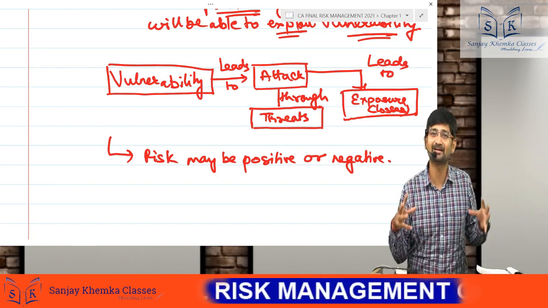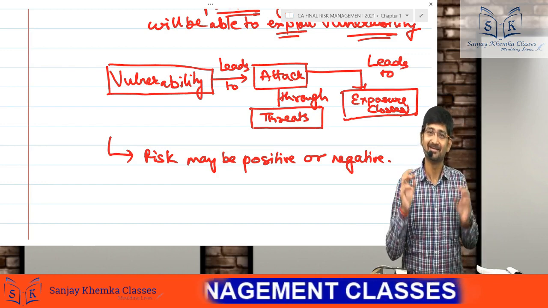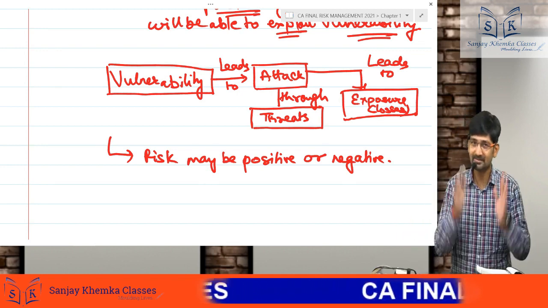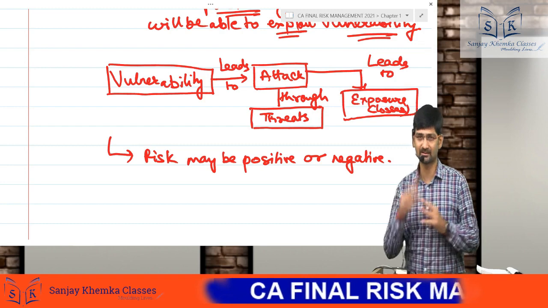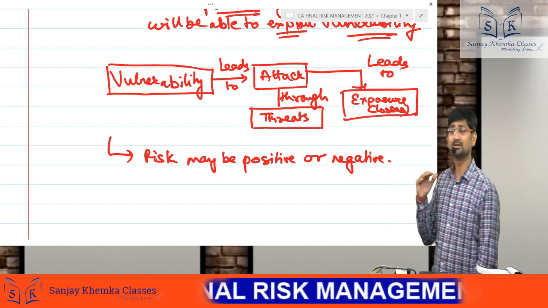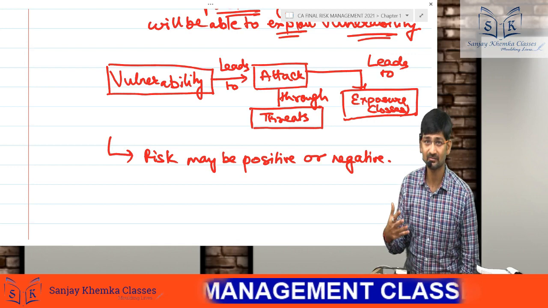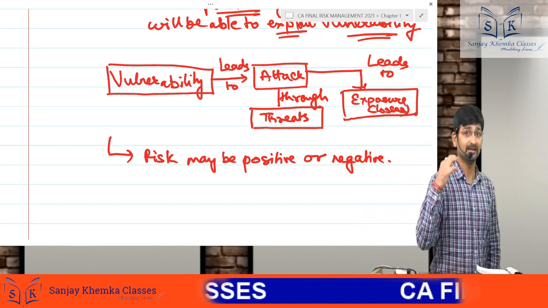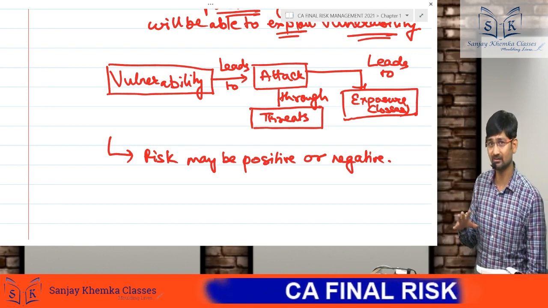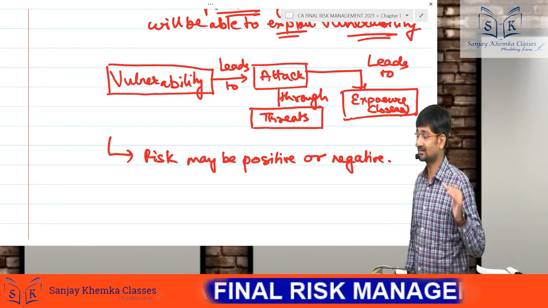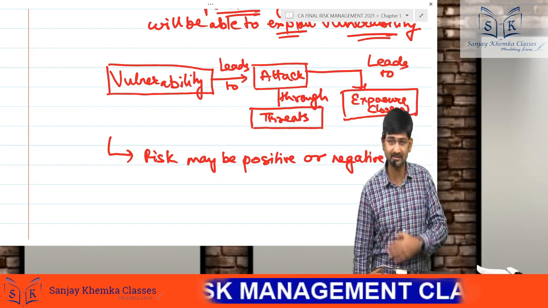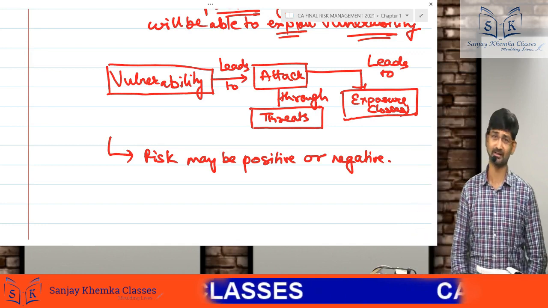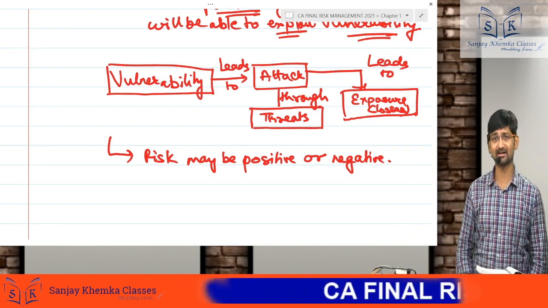So what is risk management? Risk management is about managing risk. It means it's about setting targets for risk, ensuring that those targets are being achieved, and if there are deviations we take corrective actions.